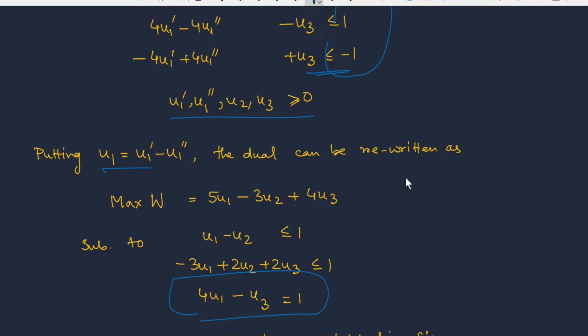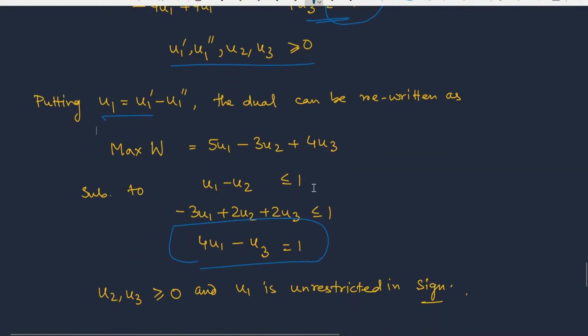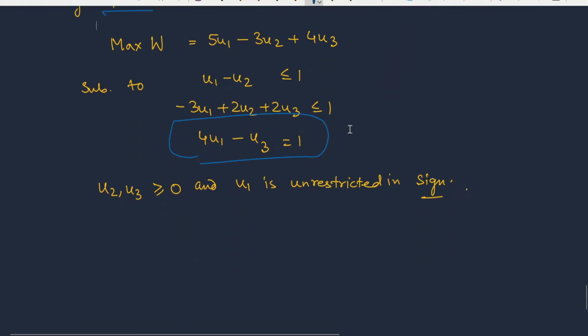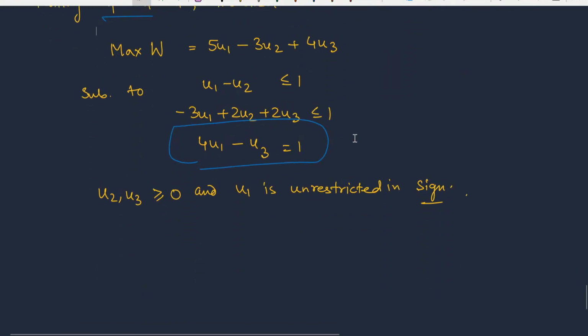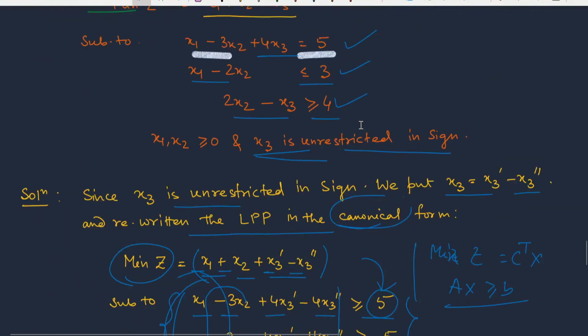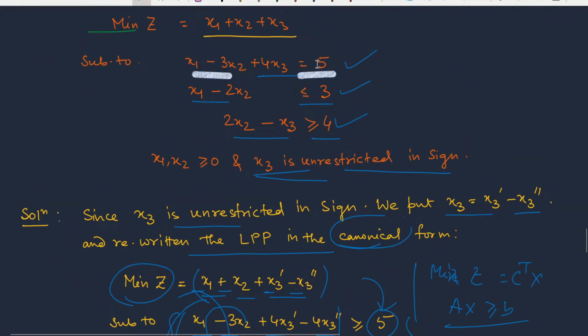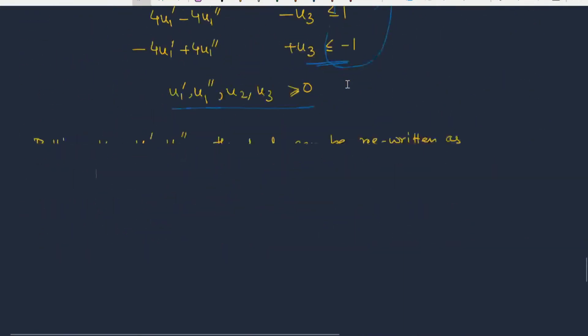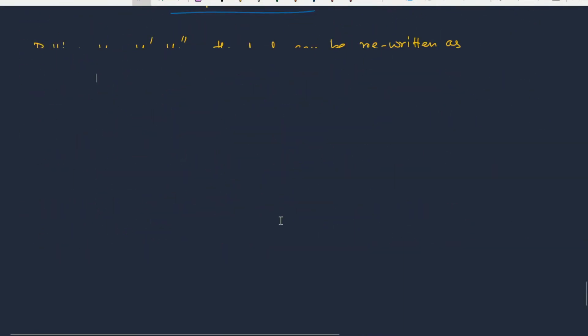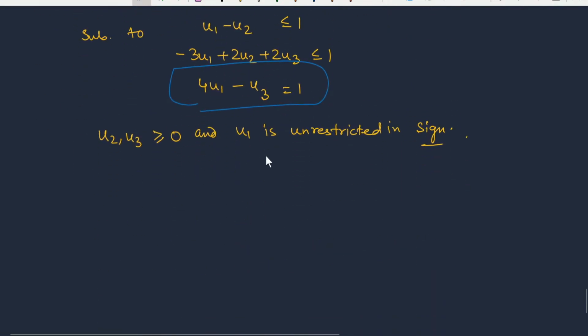This gives u1 minus u2 less equal to 1, minus 3u1 plus 2u2 plus 2u3 less equal to 1, and 4u1 minus u3 less equal to 1. Since the third variable is unrestricted in sign in the primal problem, the third constraint is an equation in the dual problem. And since the first constraint is an equation in the primal problem, the first variable u1 is unrestricted in sign.